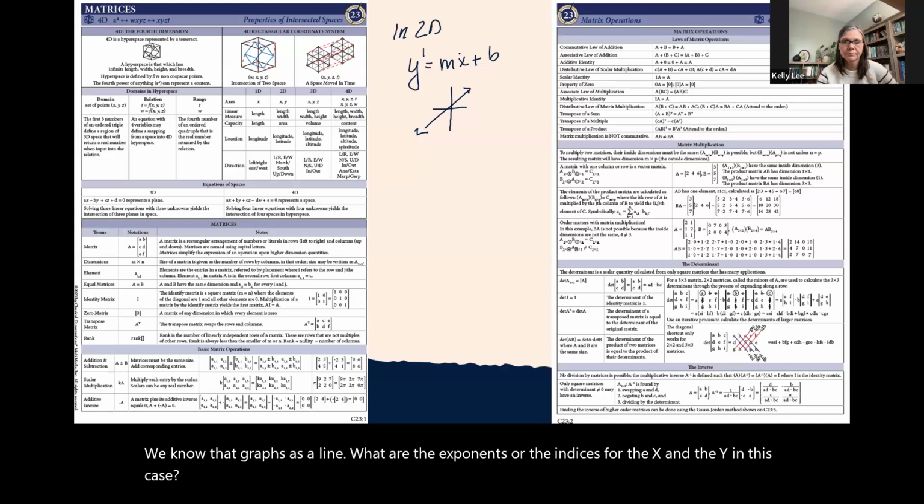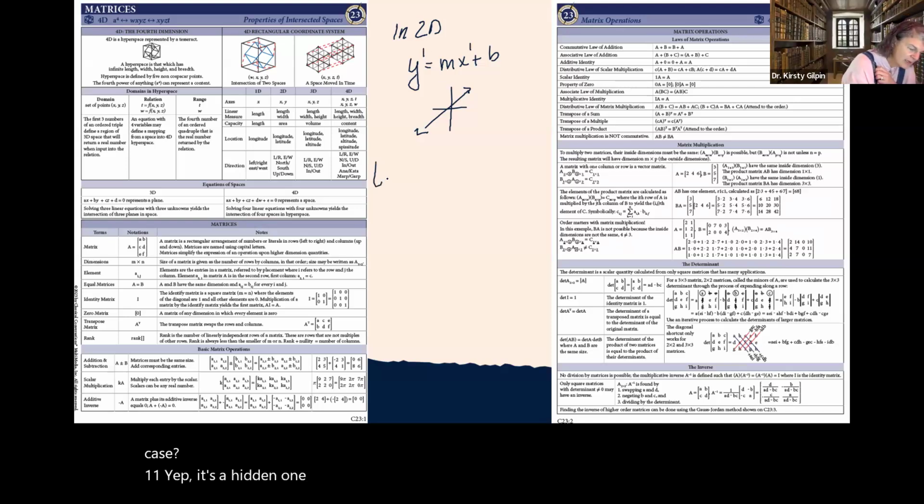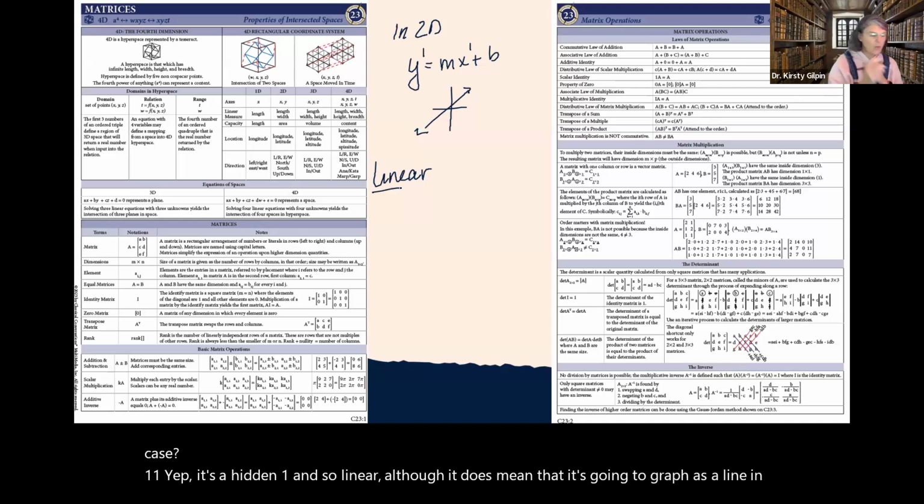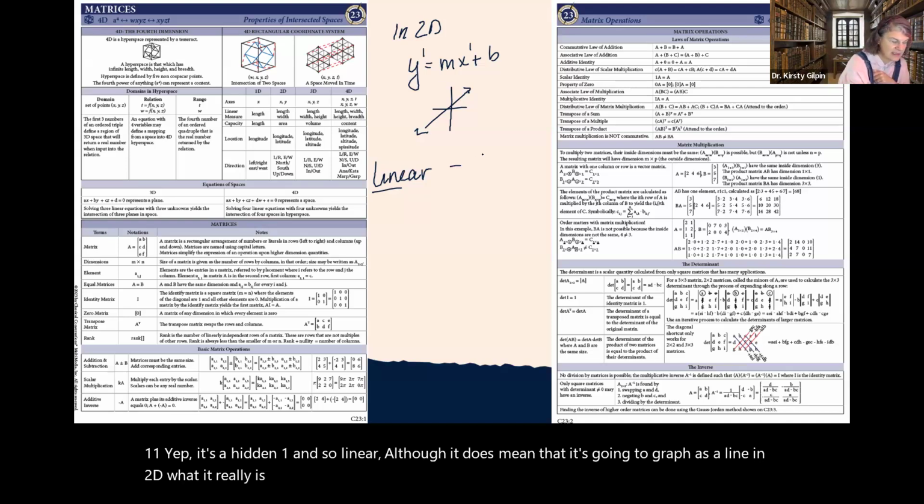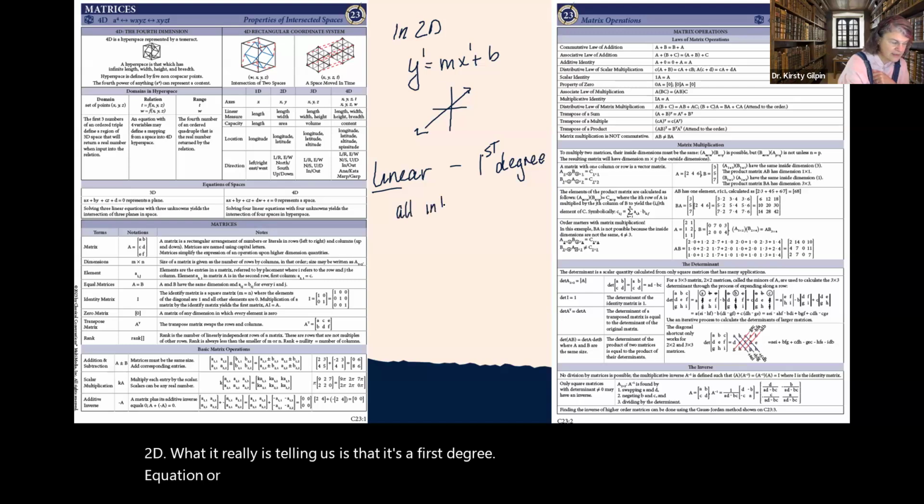Yep, it's that hidden one. And so linear, although it does mean that it's going to graph as a line in 2D, what it really is telling us is that it's a first degree equation, or that all the indices equal 1.